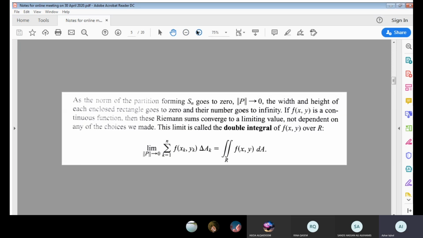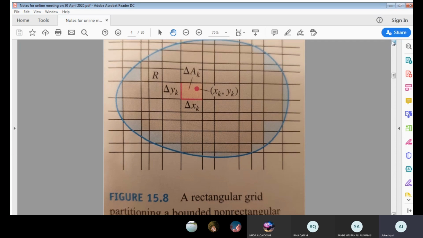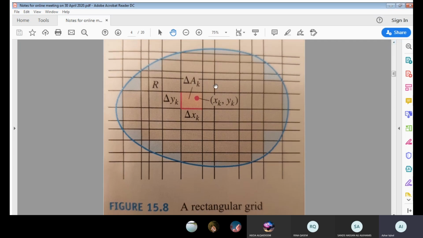Now, as you know, what was the norm which we introduced in the last lecture? The norm was the maximum height or width of those small rectangles in the partitioning. So for instance, refer back to here: this is all the partitioning we have introduced. The norm is the maximum height or width of these small rectangles.